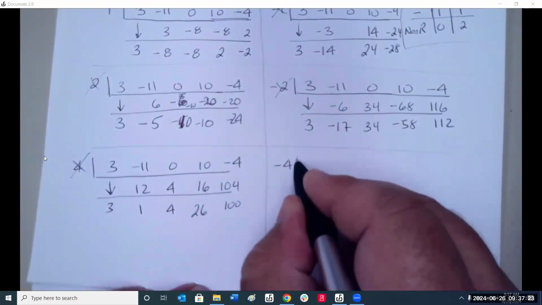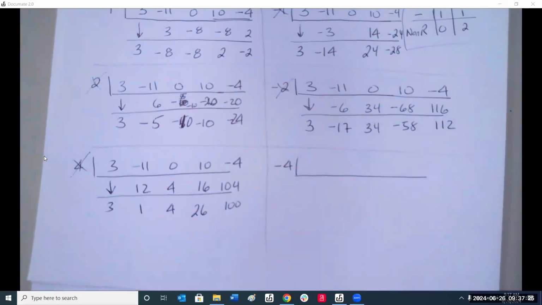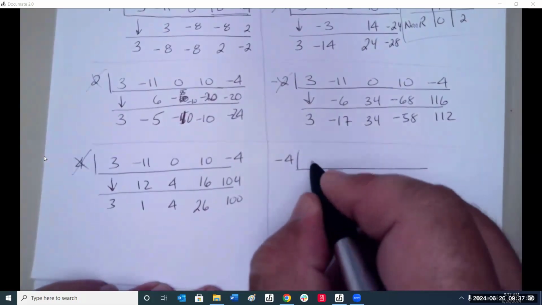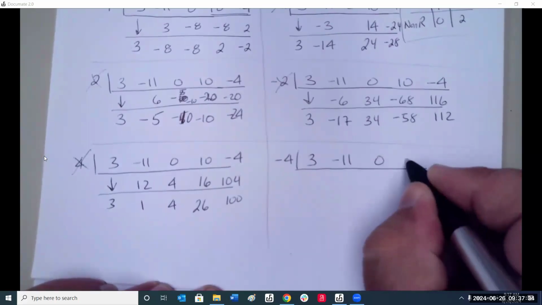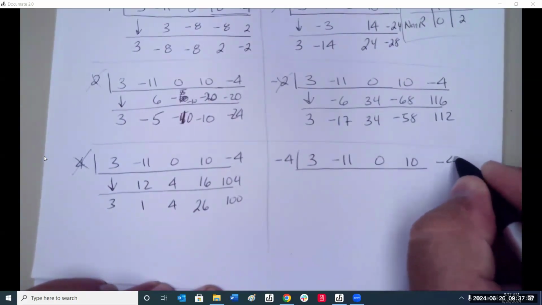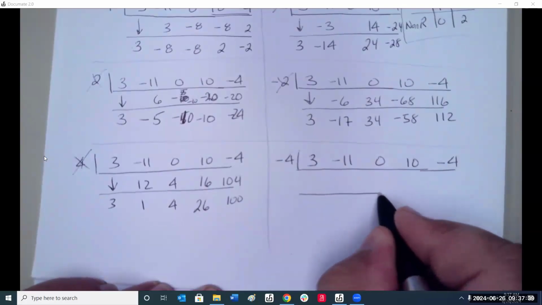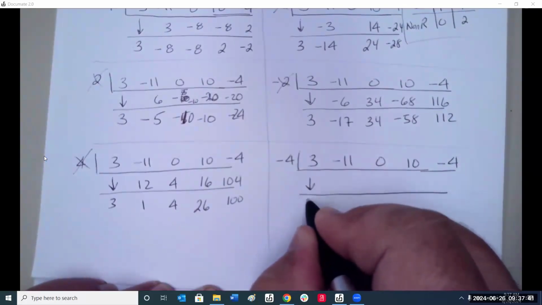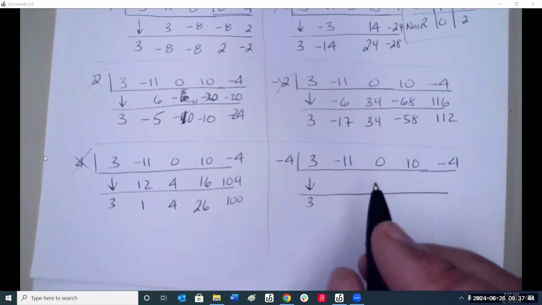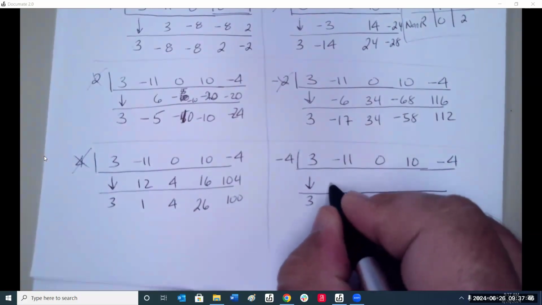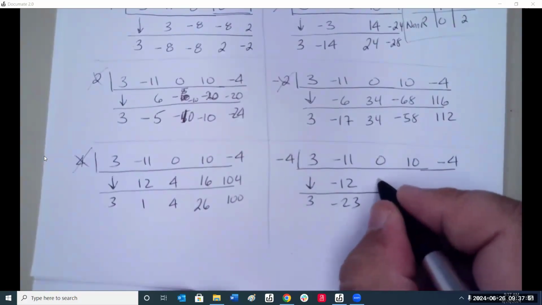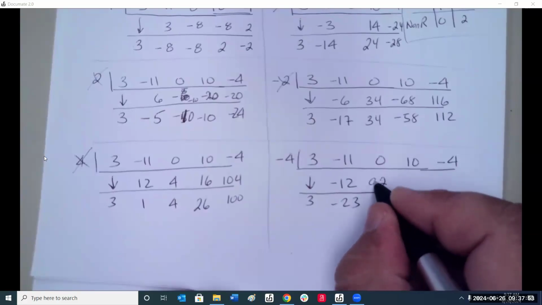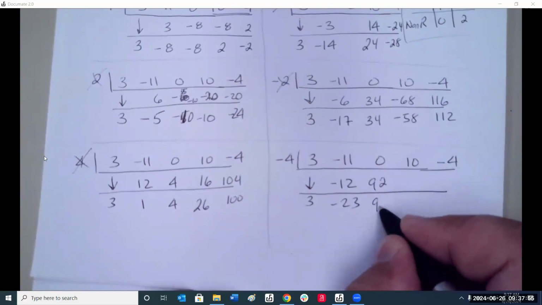That's why I need you guys to do it yourself to see if I made a mistake. See if you get the same answer. Don't just copy mine, because I could be making mistakes. No, that one's not going to happen.